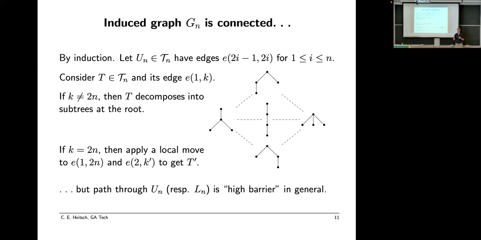And so what I'm saying is I can transition from any secondary structure that has n helices to another secondary structure with n helices, provided my sequence is combinatorial enough. But in order to do that, I'm going to have to pass through a configuration that is thermodynamically very unfeasible.